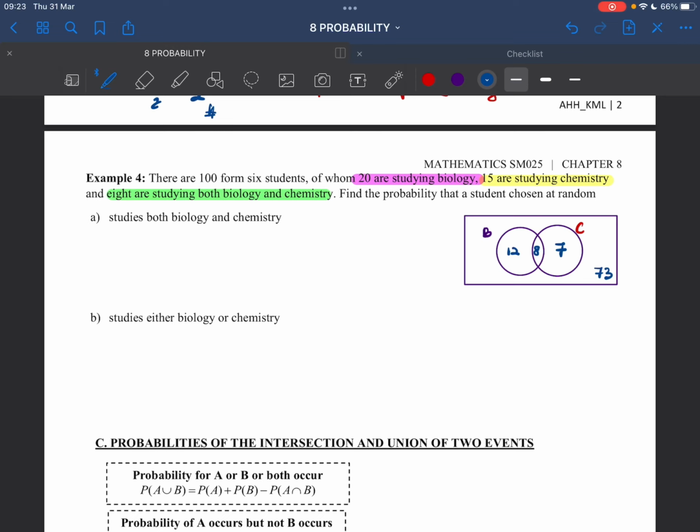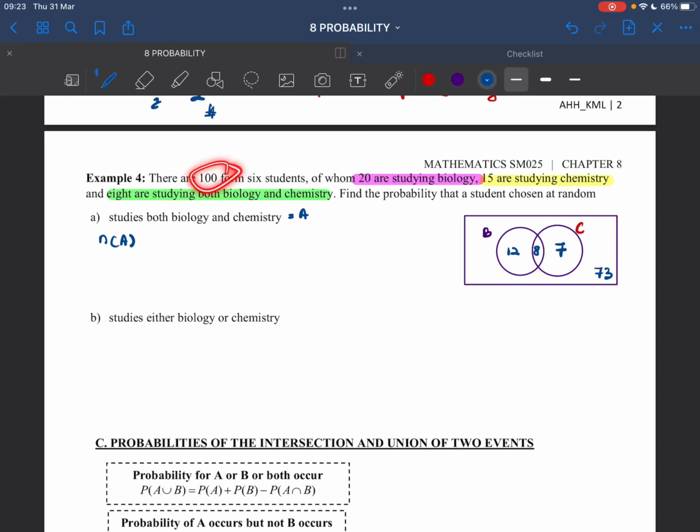Now the first question. The question said find the probability that a student chosen at random studies both biology and chemistry. I'm going to put this as event A. So we're going to find the number of outcomes of A. What is your number of sample space?